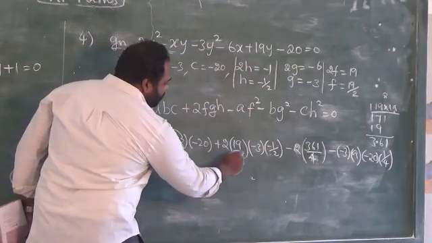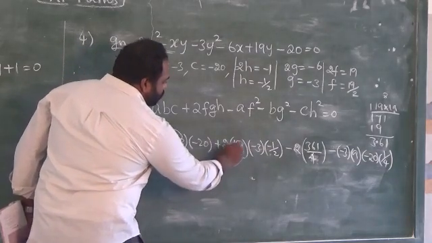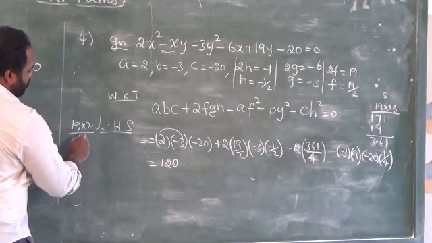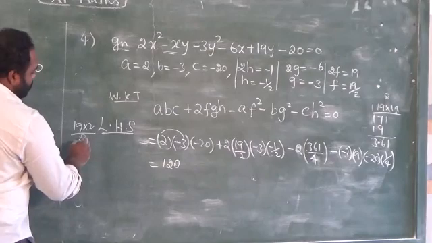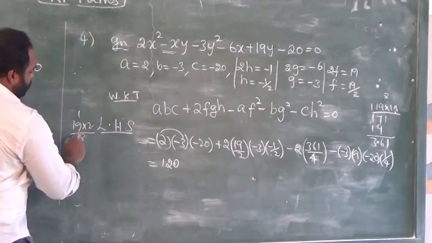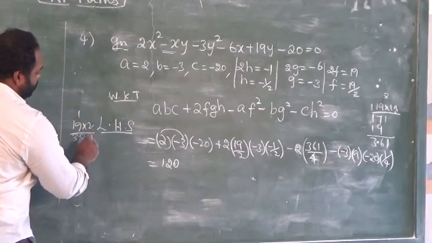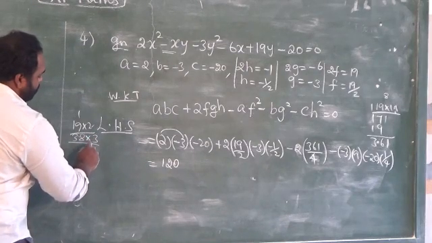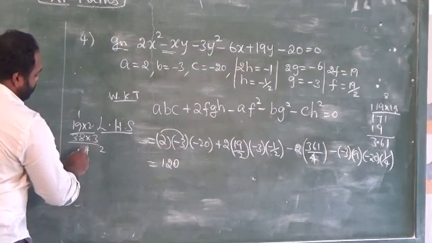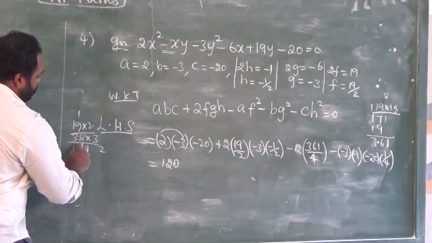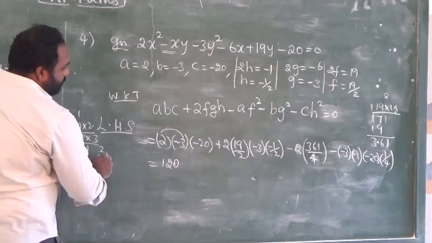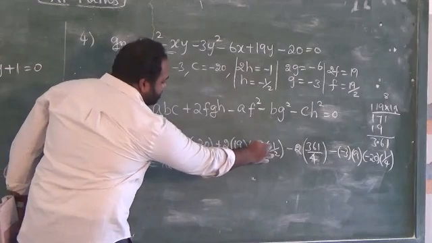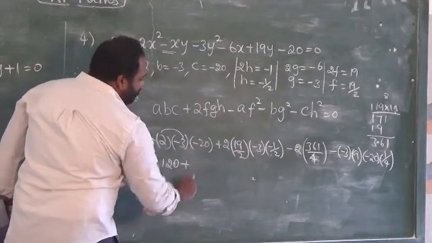Plus here we have 2 into 19 into 3, 114, minus into minus will become plus, so a plus value will come.